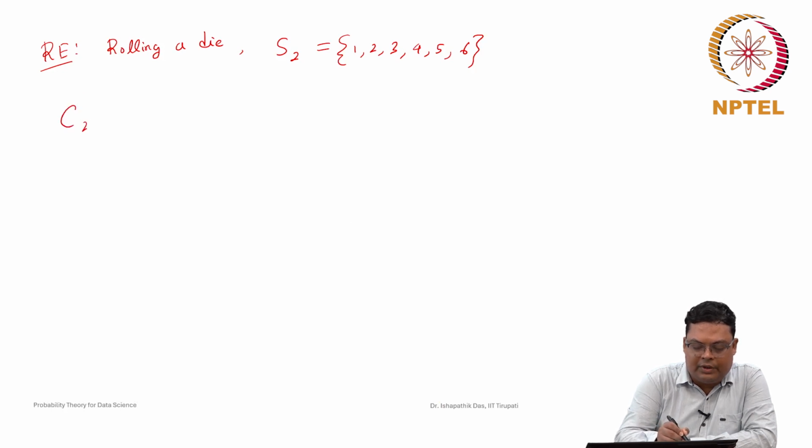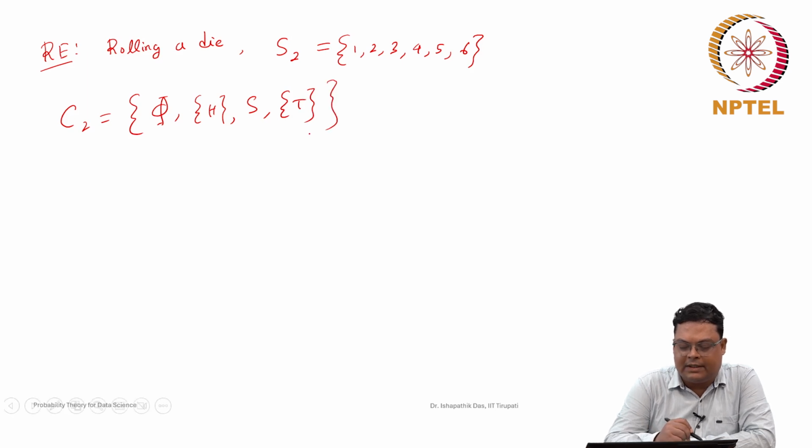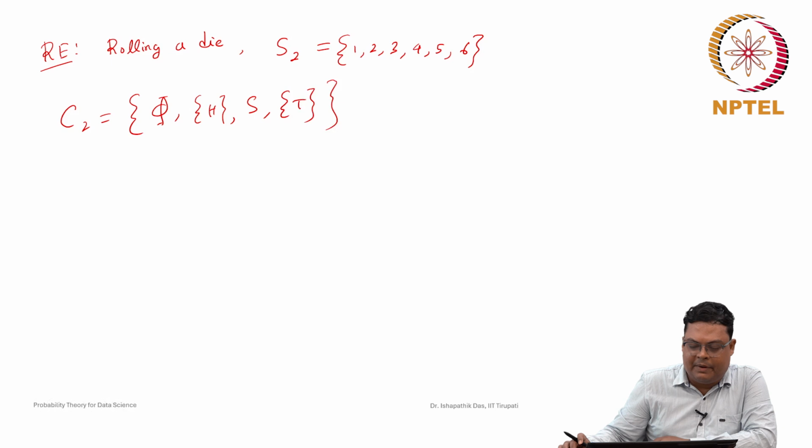Suppose in C2 we take phi, then S, and then the set H, and now the complement we are also adding, this T. So, let us see whether it is a sigma field or not.